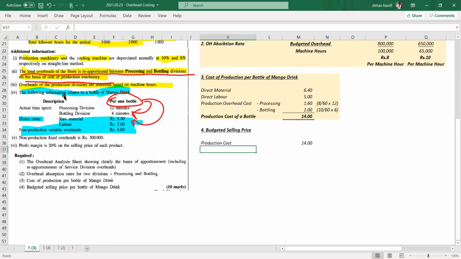Then we take non-production variable overheads, which is 4 rupees.